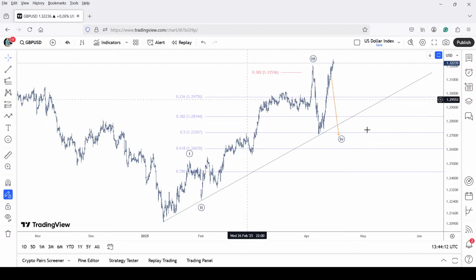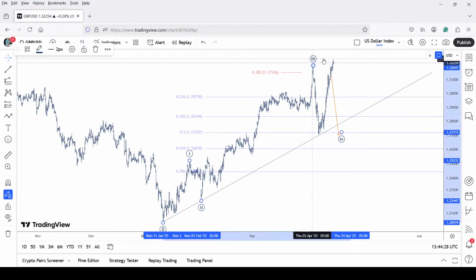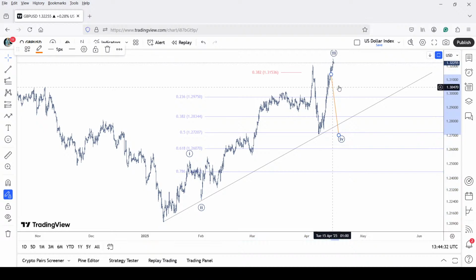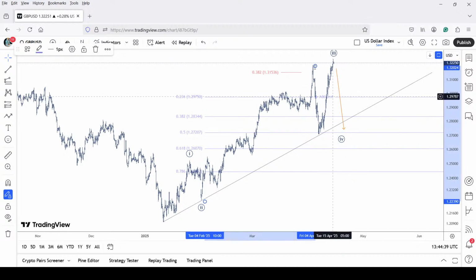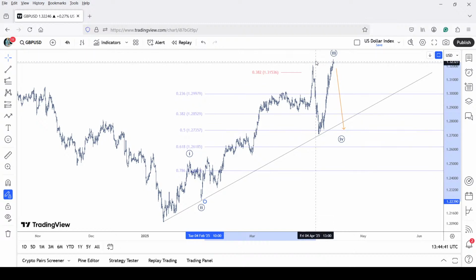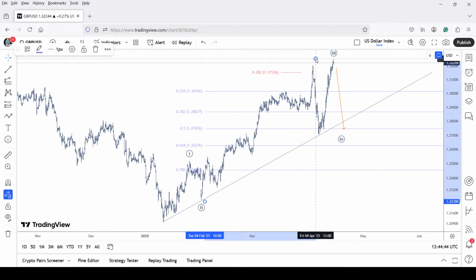Now that particular structure makes me rethink or readjust the wave count of minute wave 5 over here, and then minute wave 3, and the next would be minute wave 4 lower.